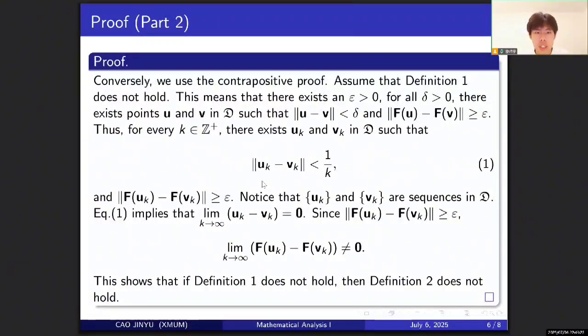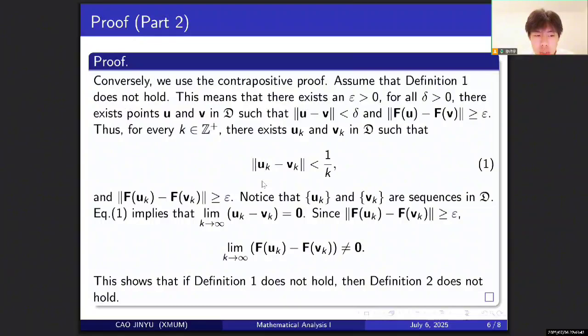Therefore, for every positive integer k, there exist two vectors uk and vk in D such that the norm of uk minus vk is less than 1 over k. Here we just choose delta to be equal to 1 over k.